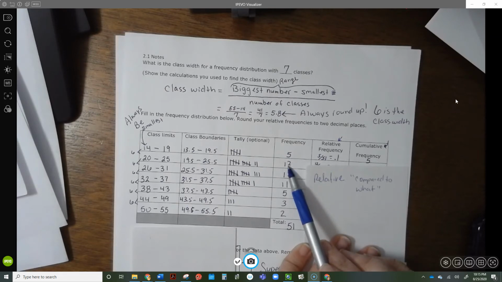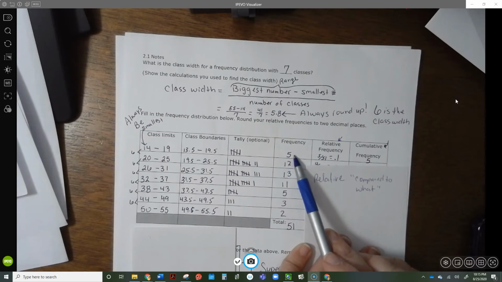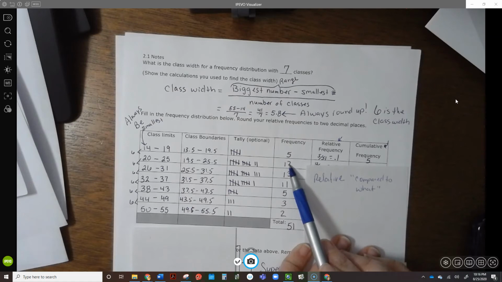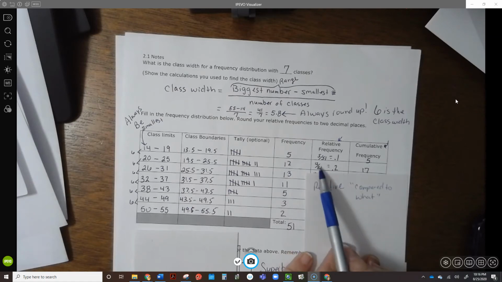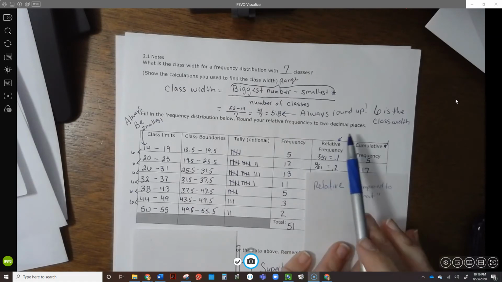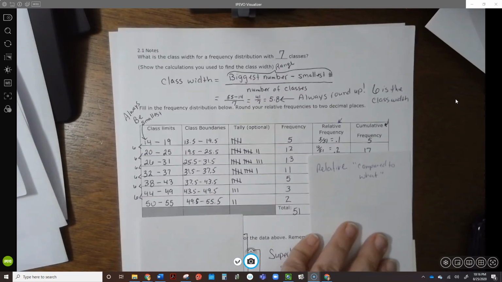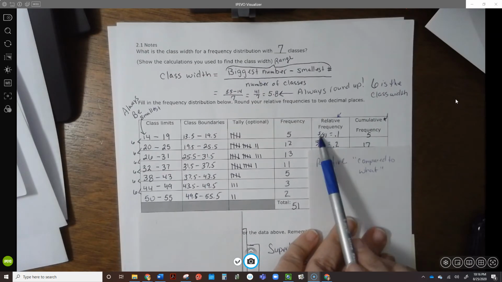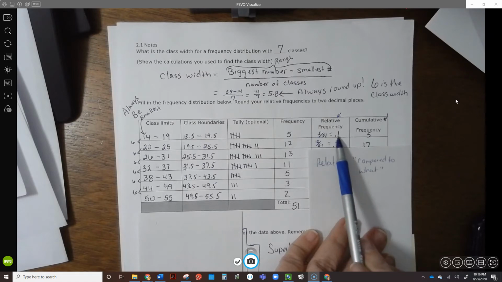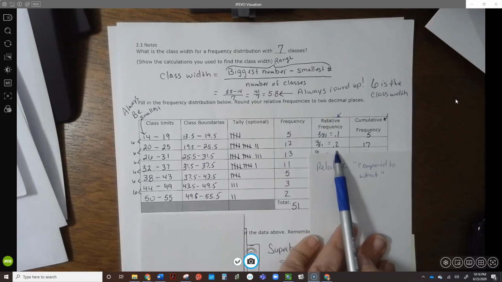But if I'm dealing with 20 data points, 5 is a quarter of them, and 12 is a lot of 20. So you got to think a relative is telling me, kind of, should I be impressed or not? So you make it a ratio, 5 out of 51, and then we normally convert that to a decimal, normally rounded to 1 decimal place.